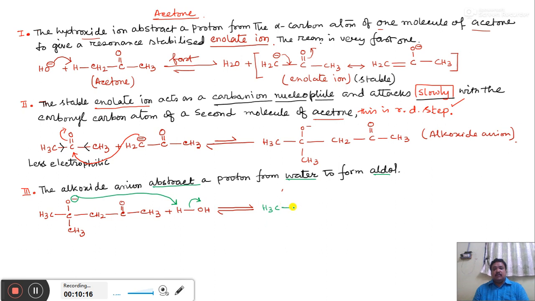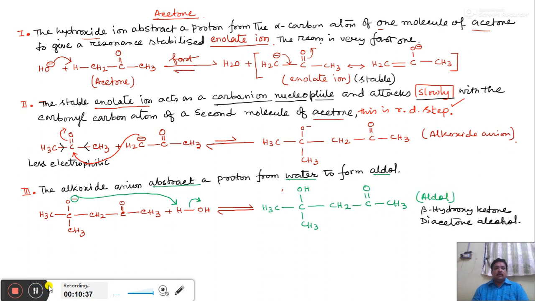The structure of aldol is H3C single bond C(CH3)(OH) single bond CH2 single bond C double bonded O single bond CH3. This is aldol. The name of the product is diacetone alcohol, which belongs to beta hydroxyketone compound.